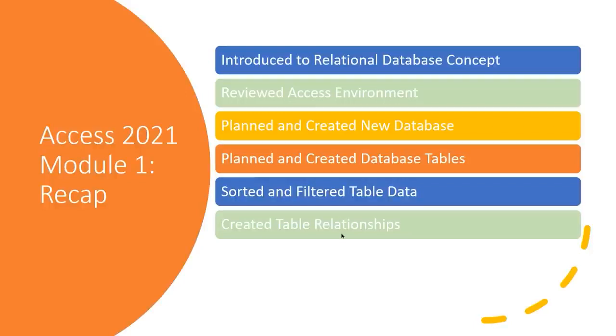We brought in the information either from Excel, and you could also manually populate your tables. We moved on to how to sort and filter table data, and then we spent a fair amount of time on creating table relationships, and we had to fix some relationship errors with tables before we could create those relationships.